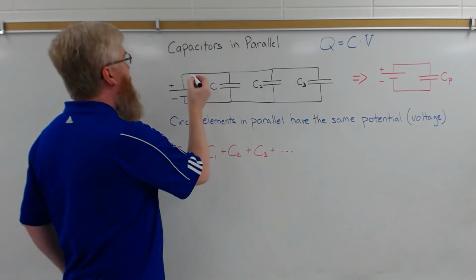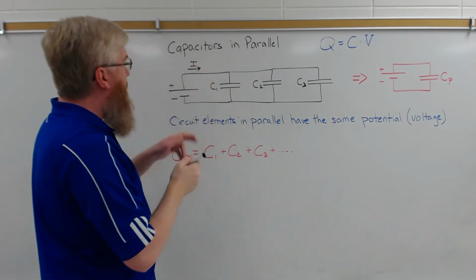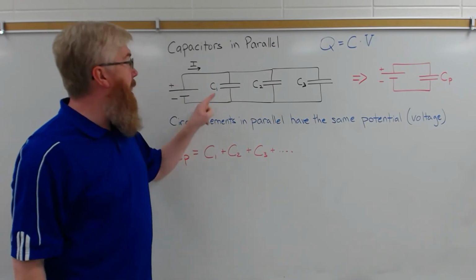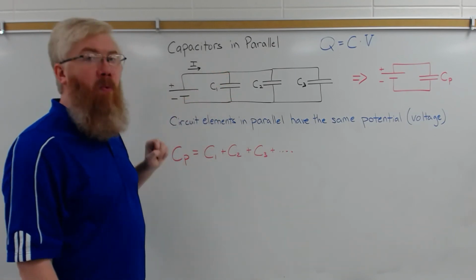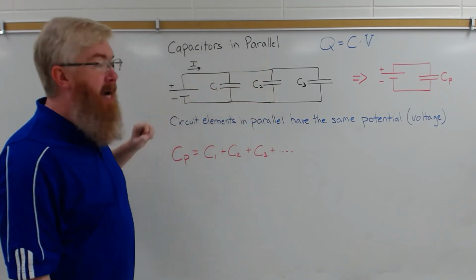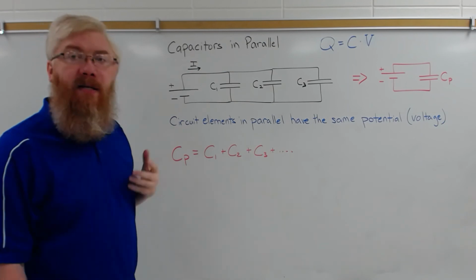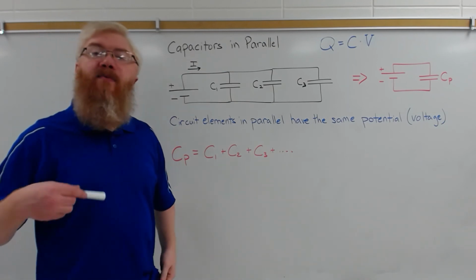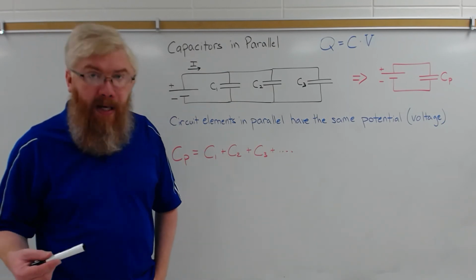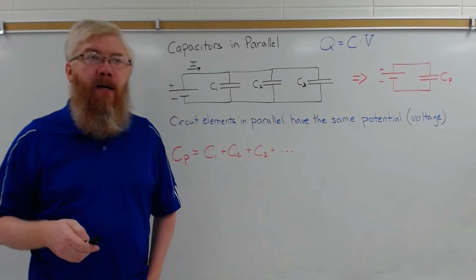As we get current flowing through this circuit, that current can choose to go down through capacitor 1 and back to the battery. It can go through capacitor 2 and back to the battery, or it can go through capacitor 3 and back to the battery. So it has the choice of going through 1, 2, or 3 before ending up back where it started.